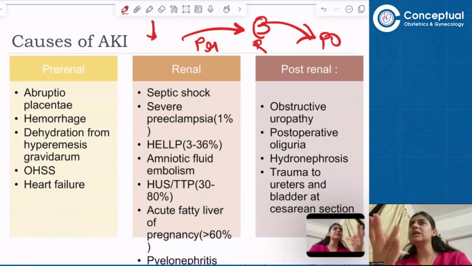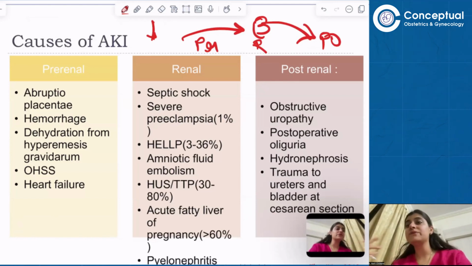Whatever is pre-renal is the systemic circulation. Anything that is affecting the renal perfusion causes pre-renal AKI. Any cause which is intrinsic to the kidney itself causes renal AKI, and any obstruction or insult coming from post-renal systems causes post-renal AKI. Let us understand each one of them one by one.